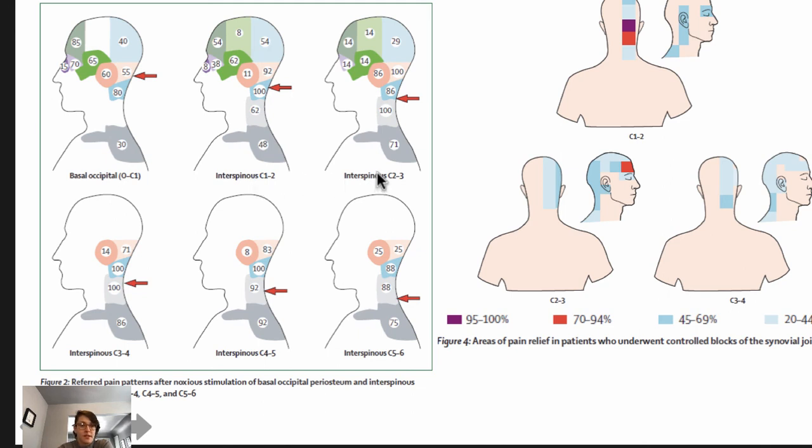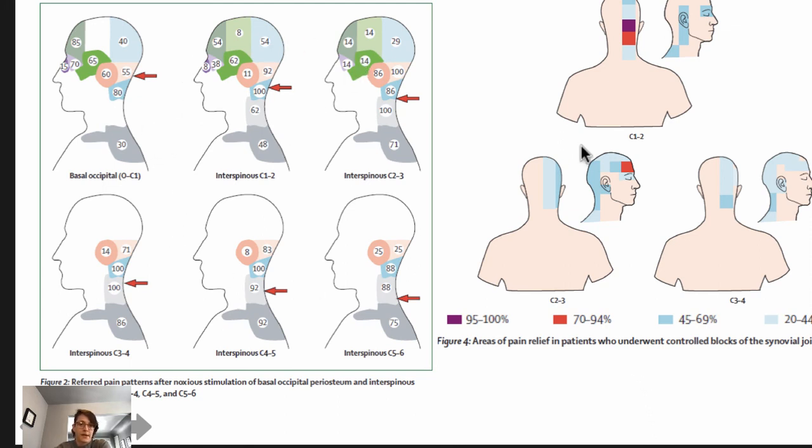So you can see the frequency in which they refer. So like C0, 1, they're most likely going to have pain at the base of their skull or in the upper cervical spine, and then going to the eye or the front of the head. So that may be helpful in differentiating, but you see that most that are going to the cranium are really the upper cervical spine.